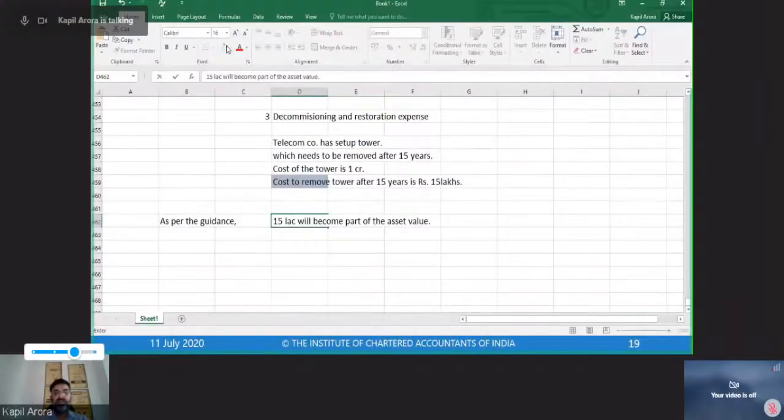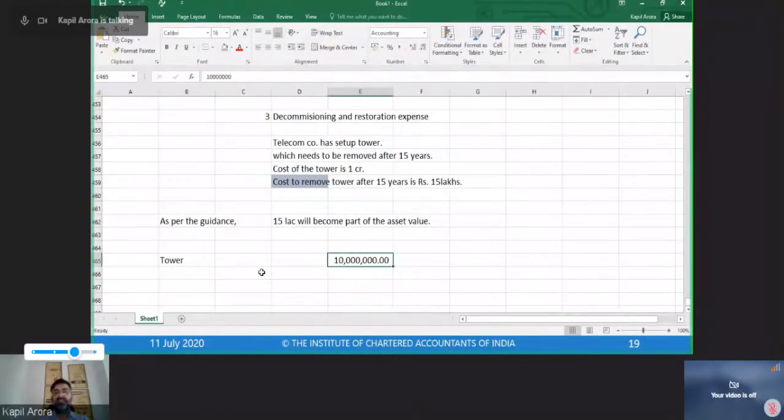So my asset, which is the tower, which is of 1 crore, will also have the cost of dismantling, or I would say decommissioning. So the decommissioning cost would be added in the value of asset, but we are not going to consider 15 lakh as the full value.